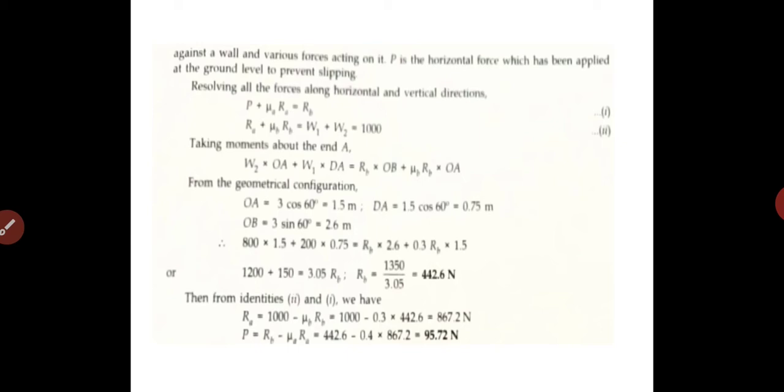From the geometry, you can find out OA 1.5 meter, DA 1.5 cos 60, 0.75 meter, OB 3 sin 60, 2.6 meter, and then when taking moment, RB is 442.6 Newton.